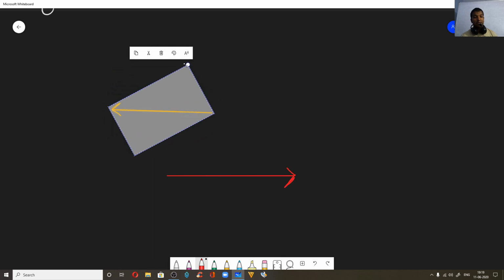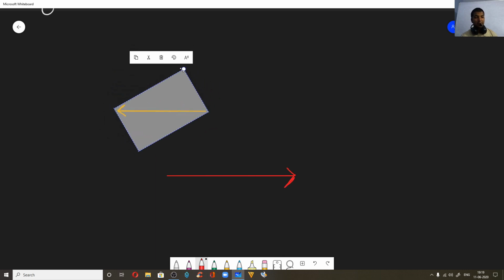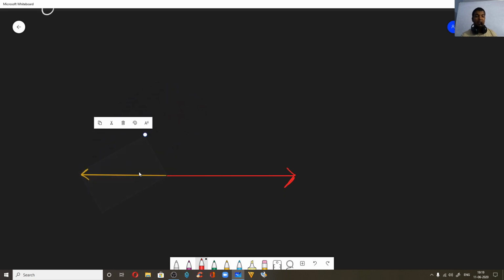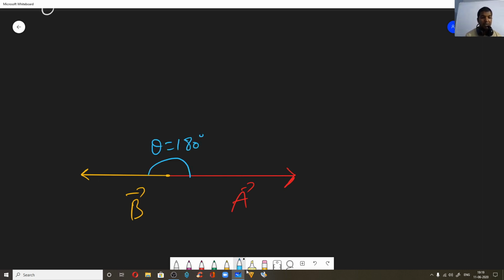Don't worry about the change in the magnitude now. It got zoomed in, expanded like that. Now this is vector A and this is vector B. This is the point where the tails are meeting.